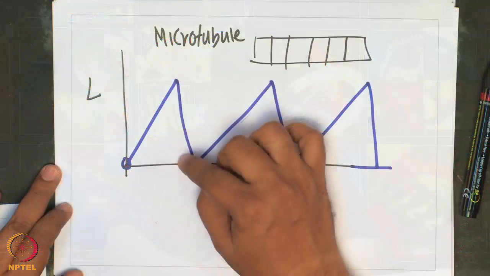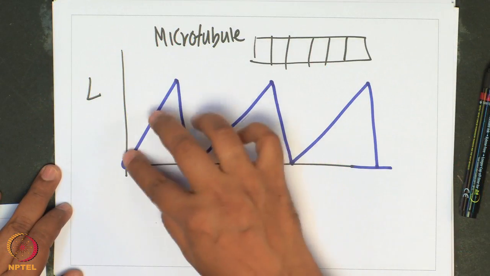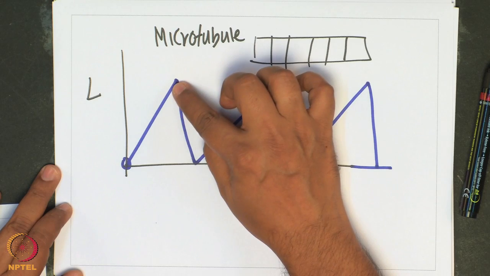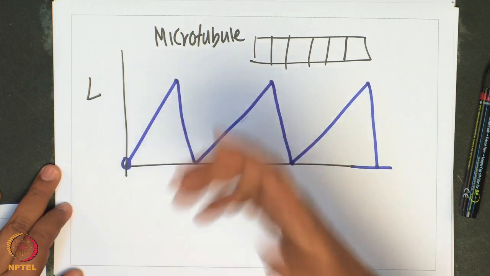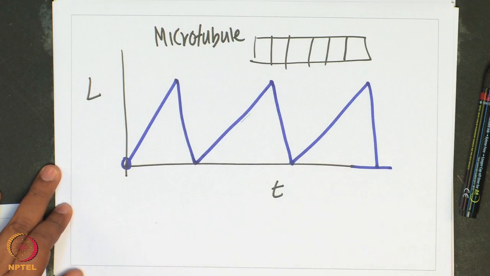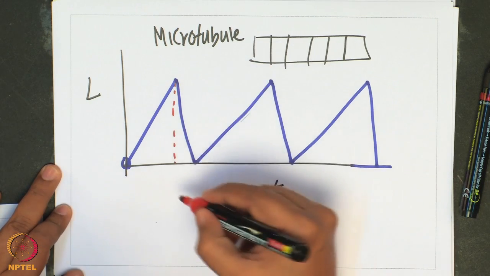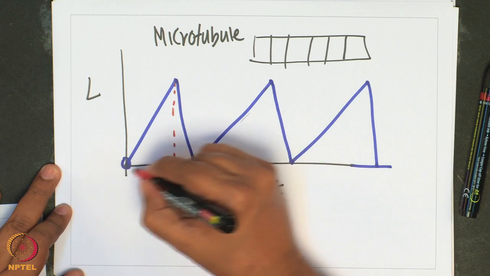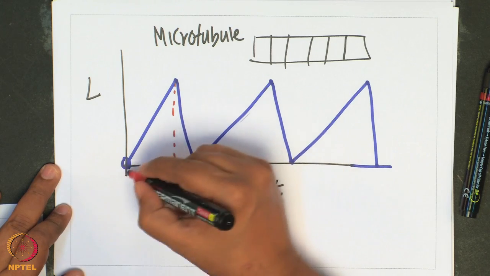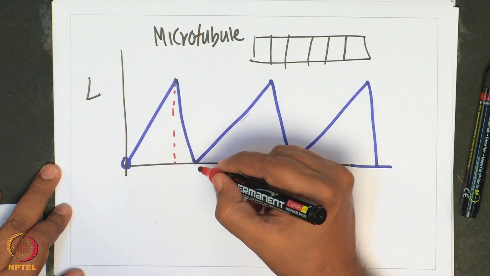When I say slow growth, what I am trying to say is that the length increases with time slowly. That means it takes a long time to polymerize. Compared to this, the shrinkage is very fast. If you take the time in minutes, this could be many hundreds of seconds, for example.